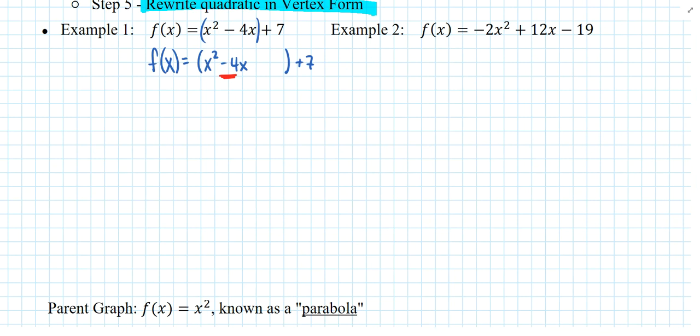This will be the number we use to complete our square trinomial. Immediately, I will subtract 4 on the outside so that our net result is 0 and the equation remains balanced. Finally, factor the square trinomial, combine like terms on the outside, and observe the vertex form of the quadratic function.